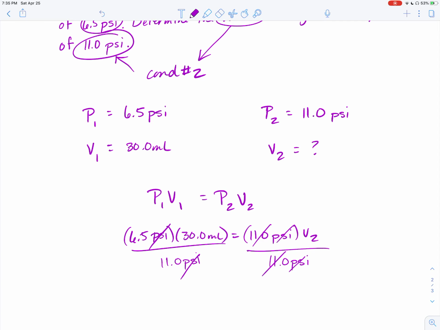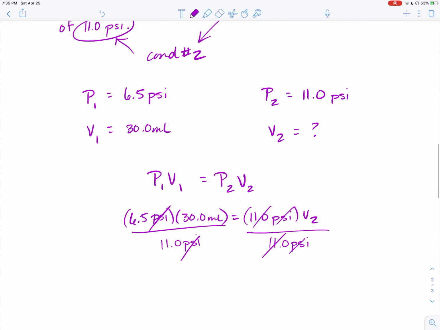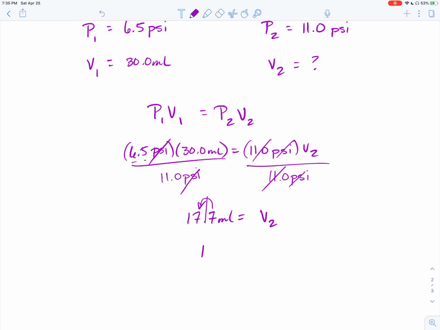The psi cancels on the left-hand side, and this leaves us in the units of milliliters. And we get a volume 2 to be, in my calculator, like 17.7 milliliters, but we need this to be to 2 sig figs. So I'm going to use that 7 to round the previous 7, and I'm going to have 18 milliliters as the volume of our gas at 11 psi.